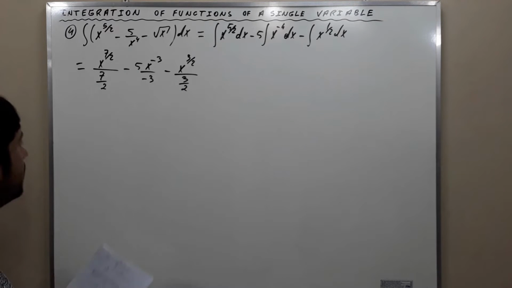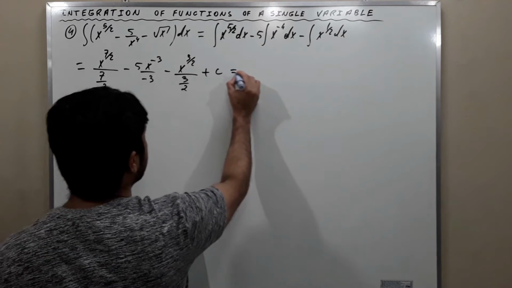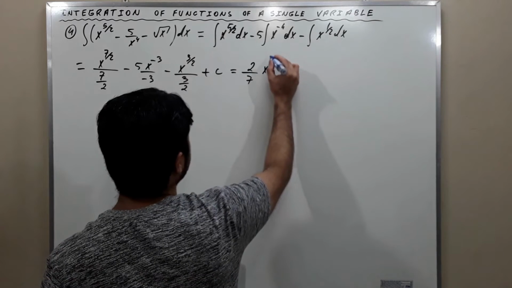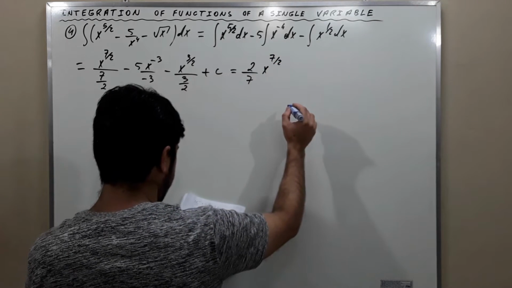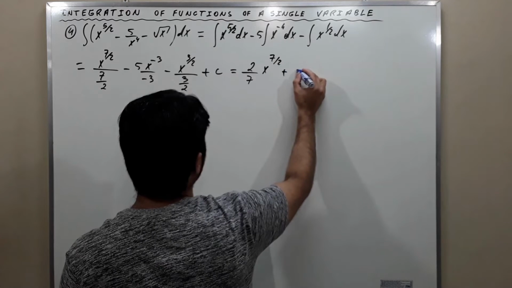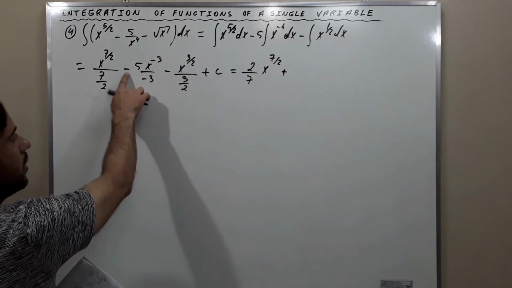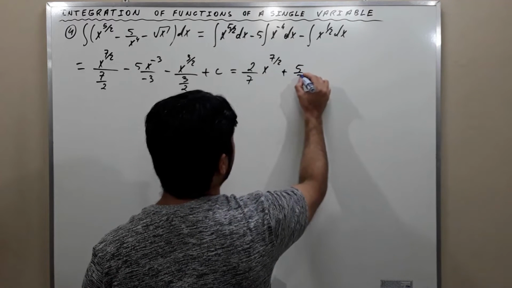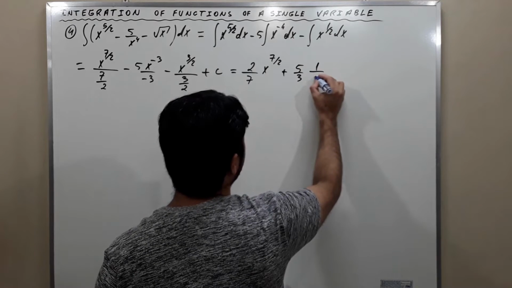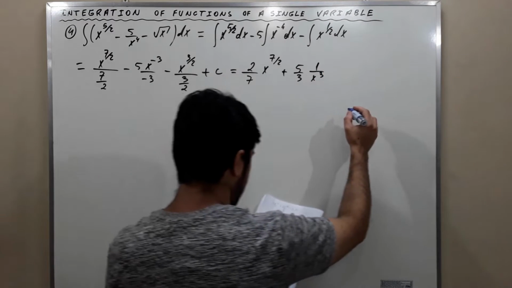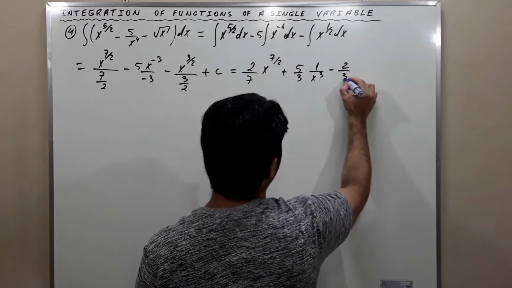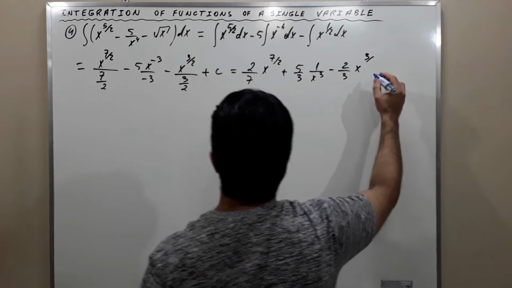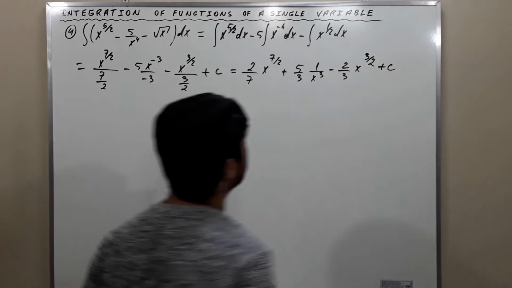Simplifying it further, it becomes 2 over 7 times x raised to the power of 7 halves plus, this negative sign cancels with this negative sign, it becomes positive 5 over 3, 1 over x cubed, minus 2 over 3 x raised to the power of 3 halves plus c.